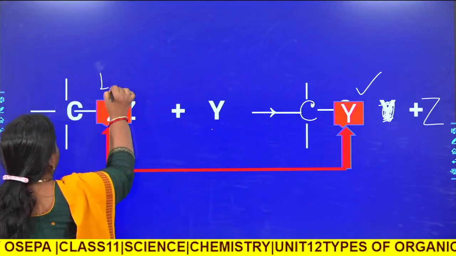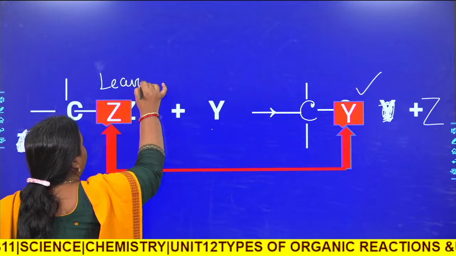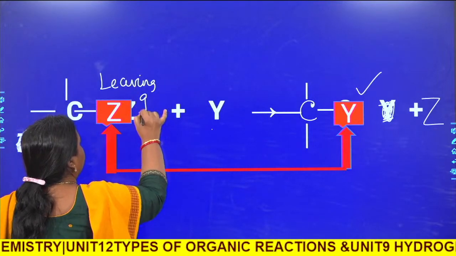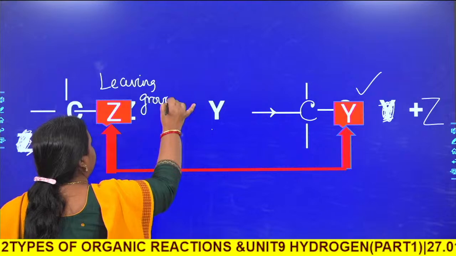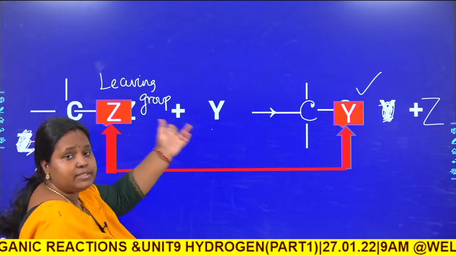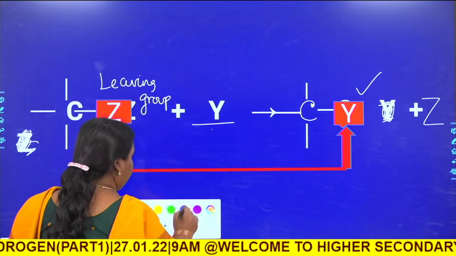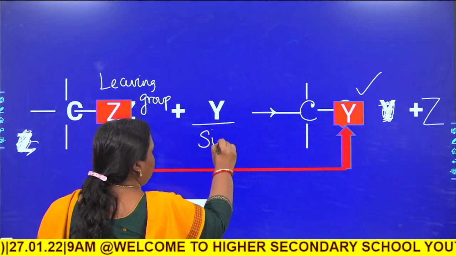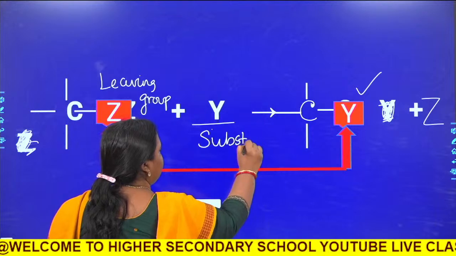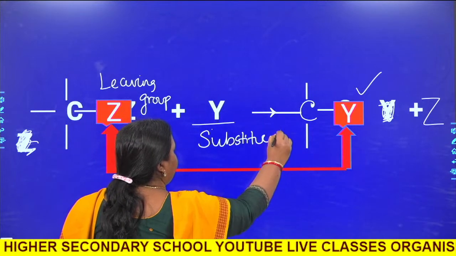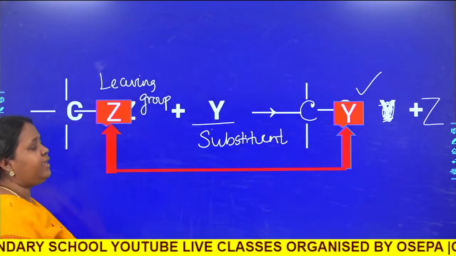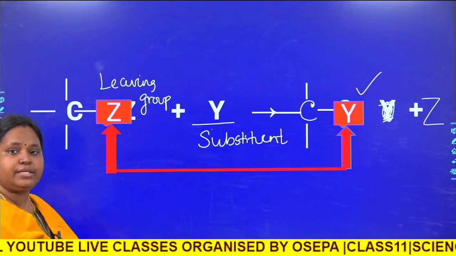That which enters into the molecule is called the substituent. So, Y is the substituent and Z is the leaving group.